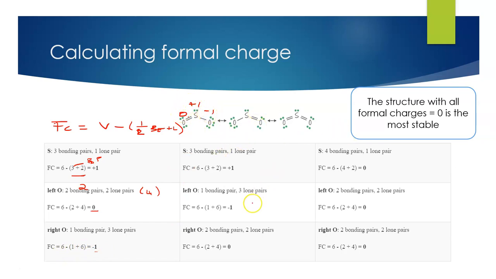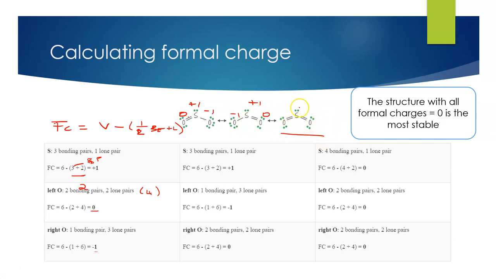If we continue to calculate these using exactly the same formula for each structure, this one here will be plus 1, same as it was before because it still has the same type of bonding arrangement. This oxygen now is minus 1 and this one is 0. If we look at this one, things change a little bit.